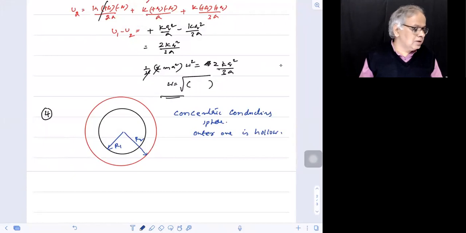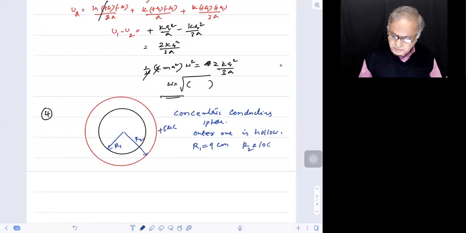The outer sphere is hollow and has a total charge of plus 5 microcoulombs on it. And R1 is 9 centimeters, R2 is 10 centimeters.